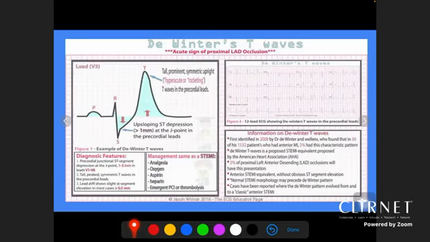The diagnostic criteria should be present in the V leads from V2, V3, usually in all V leads: tall, big, symmetrical T waves and upsloping ST depression. This indicates critical LAD occlusion and mandates early or immediate coronary angiography.